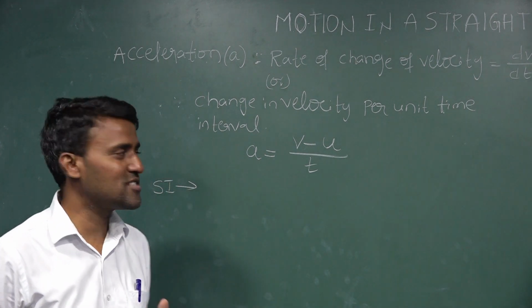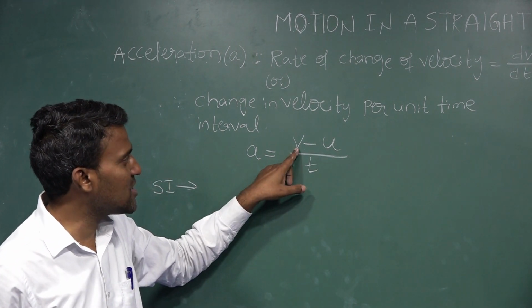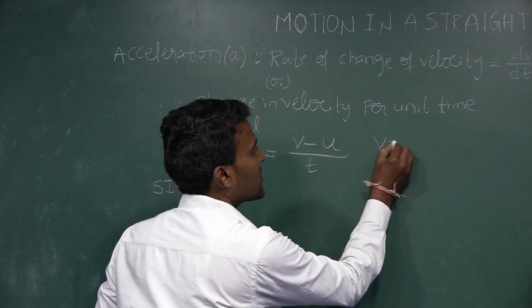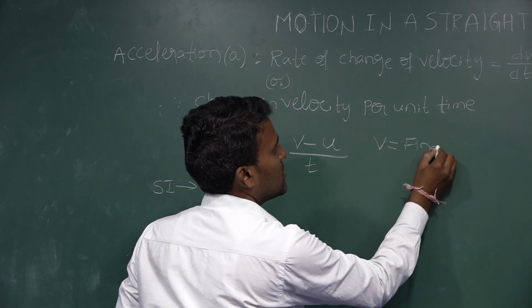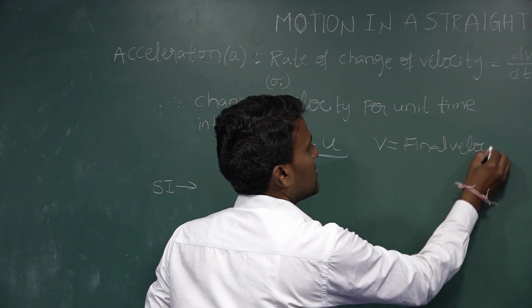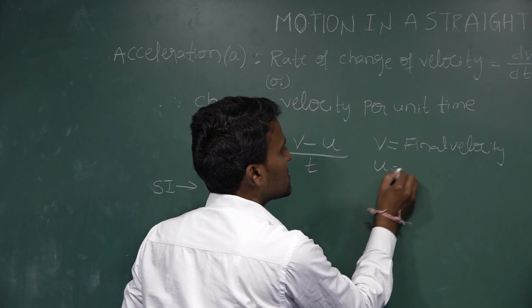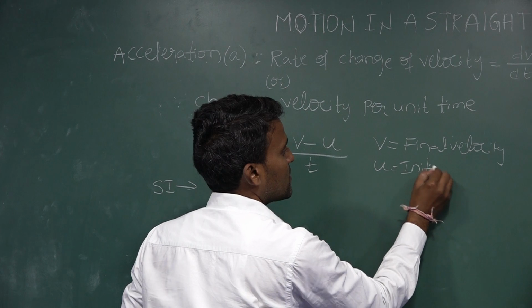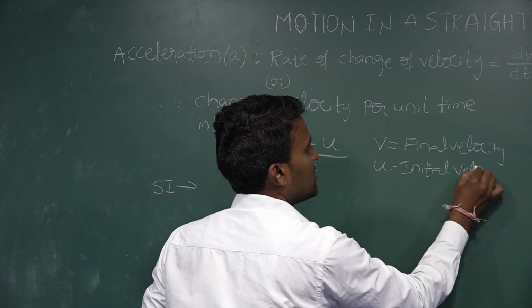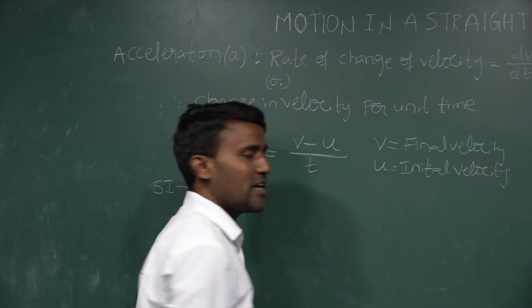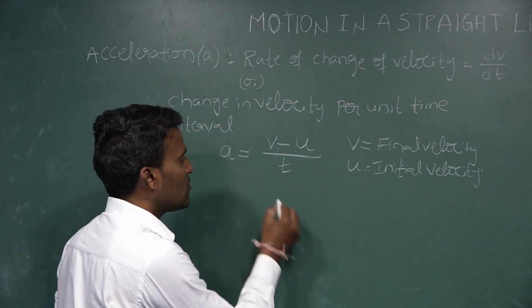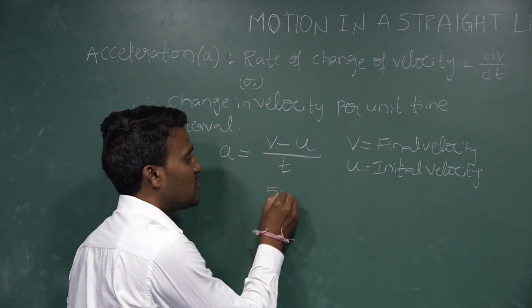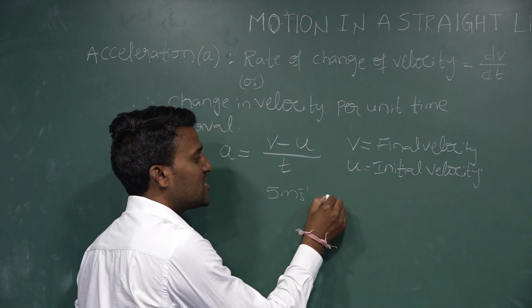How is it? For example, in this, v represents final velocity and u is initial velocity. For example, the final velocity of the object is 5 meter per second and initially it is at rest.